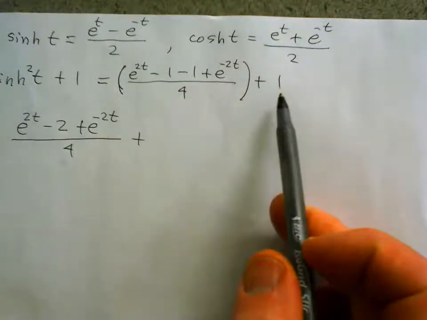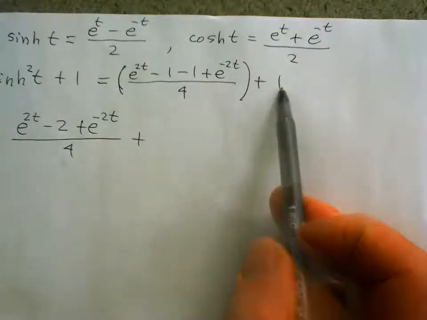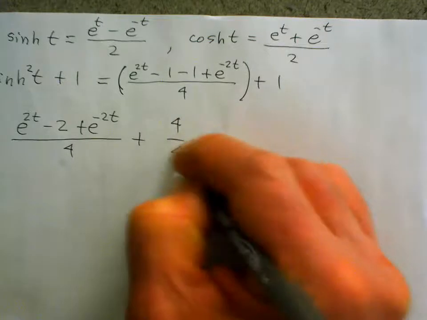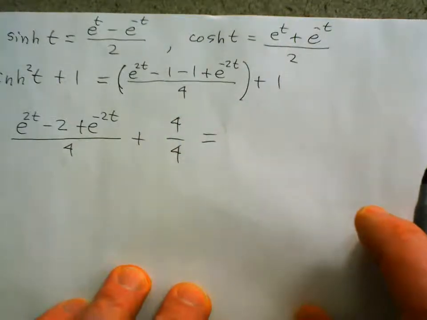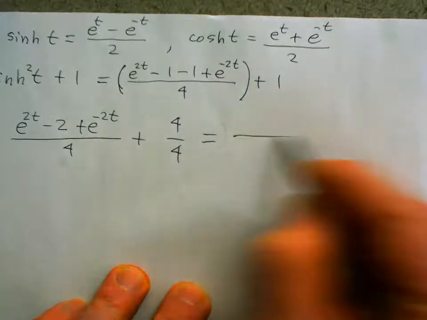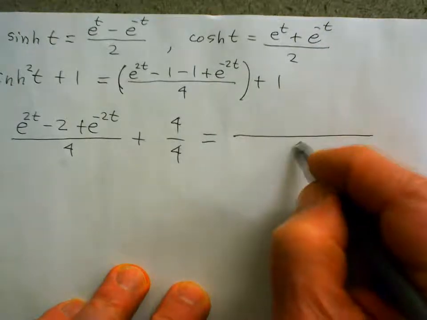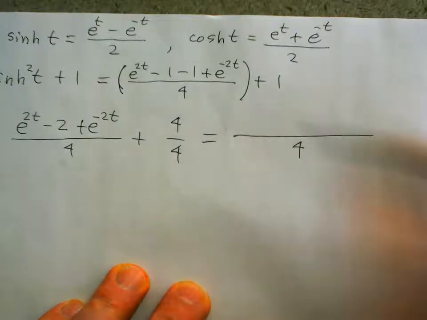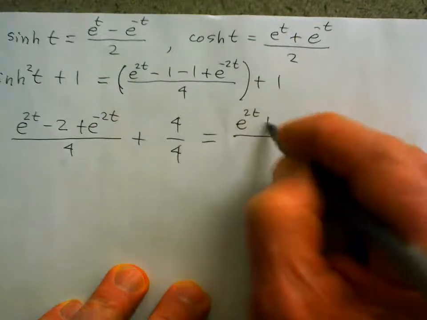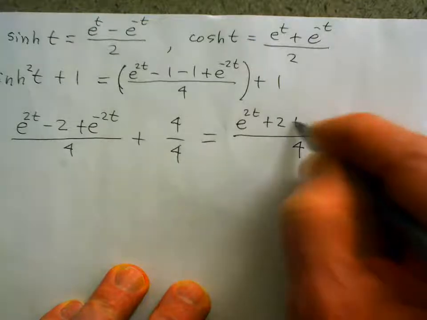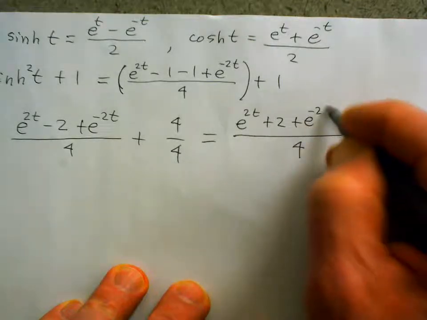And we're adding 1 to it, but I'll write 1 as 4 over 4, so we have a common denominator. And then when we write this as a single expression with a denominator 4, we get e to the 2t plus 2 plus e to the negative 2t.